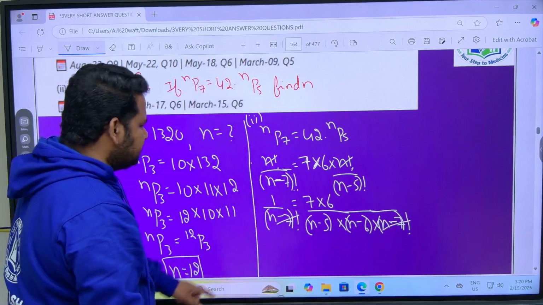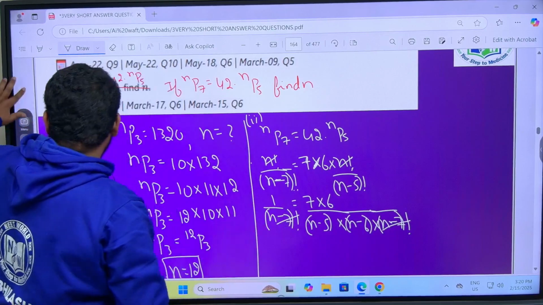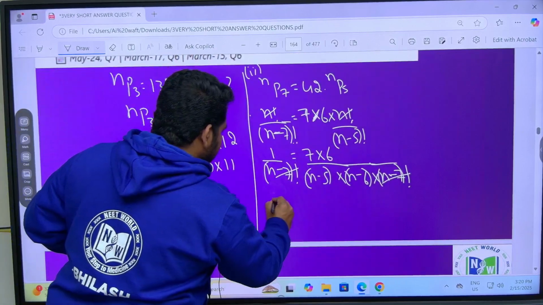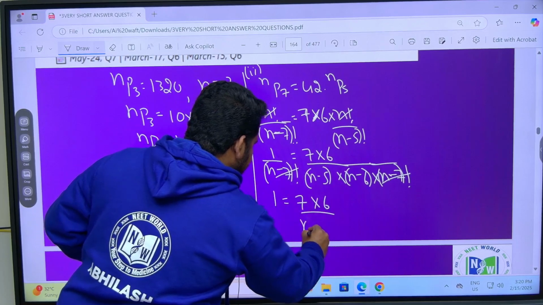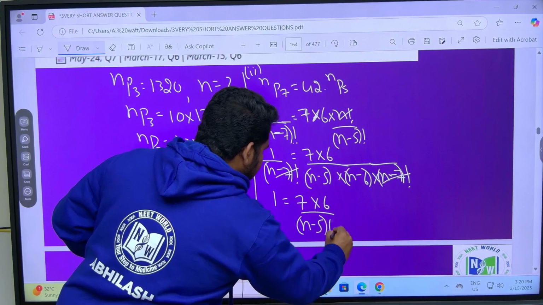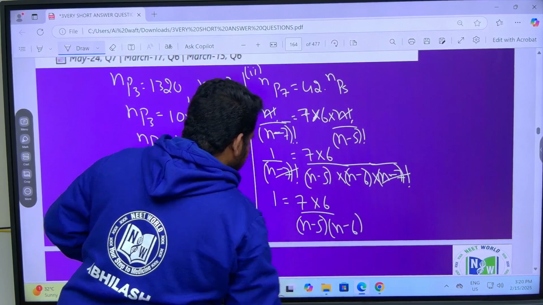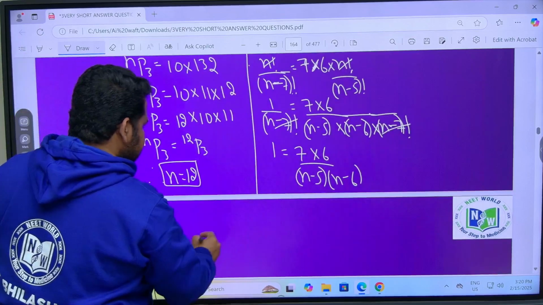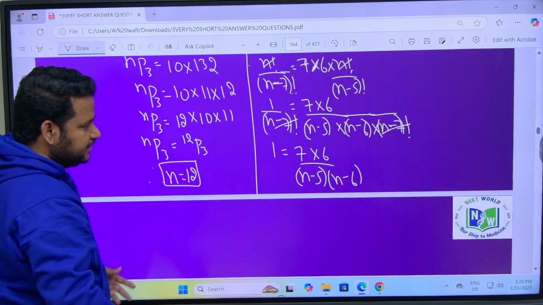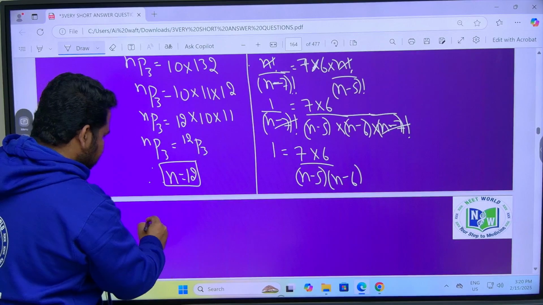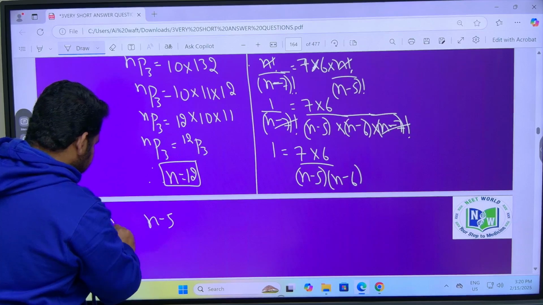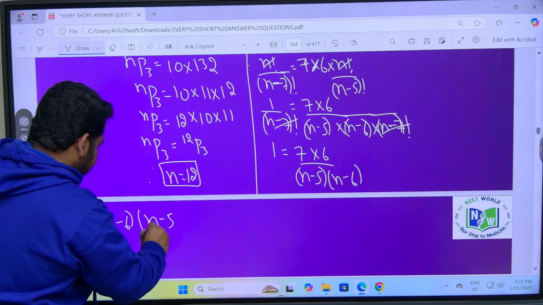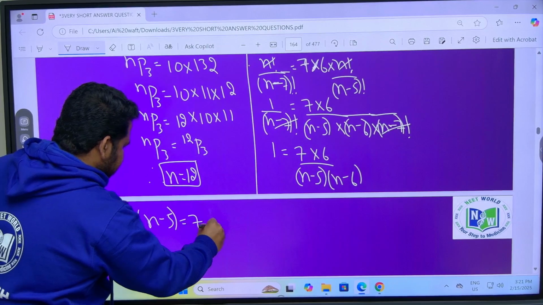So I will get, friends, 1 is equal to 7 into 6 by n minus 5 into n minus 6. Further solving this, by taking the denominator to the LHS, n minus 5 into n minus 6 is equal to 7 into 6.